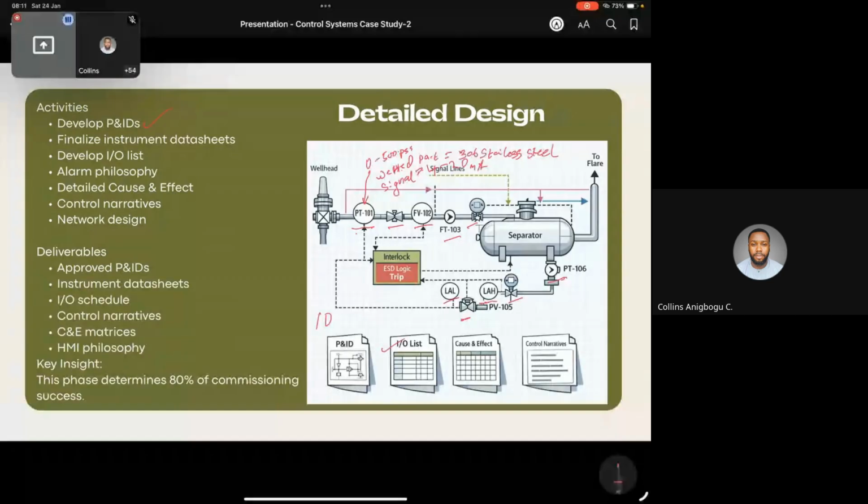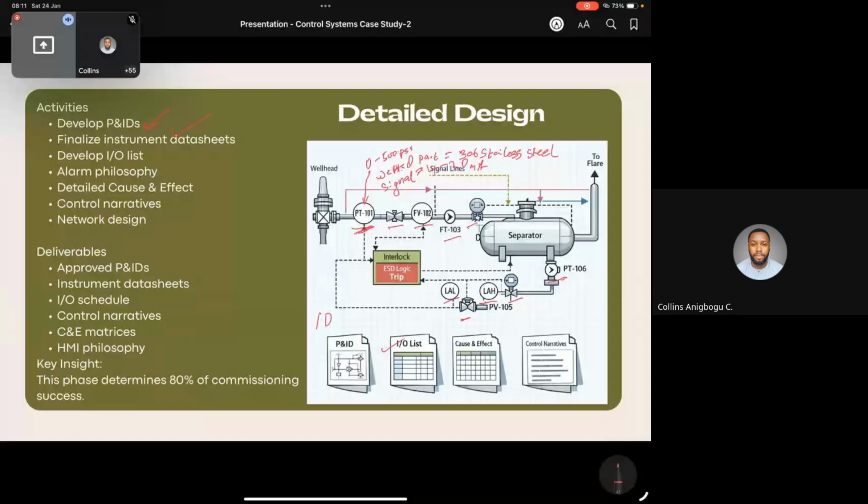So you develop that P&ID, you finalize your instrument data sheets. For each of these instruments, you get their data sheets, right? And you will be talking to the supplier also to ensure that the instruments you are sizing are readily available in the market.